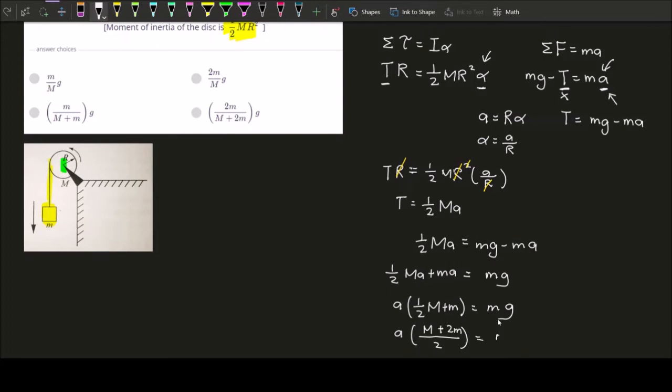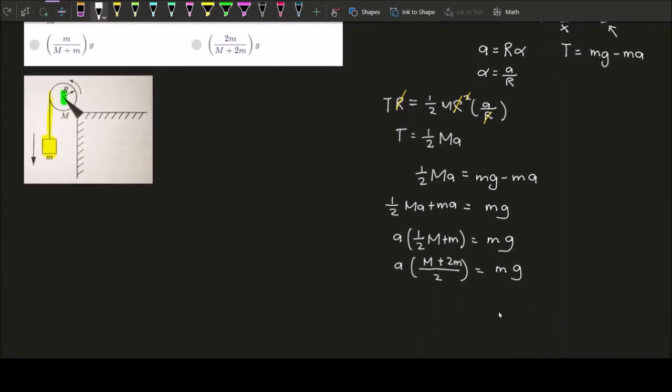It becomes equal to mg. So now what you can do is shift everything to the right except for the subject, which is the acceleration. Then you will be left with the equation A equals 2mg over M plus 2m.